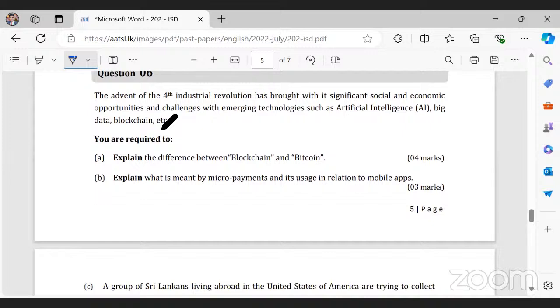Micro payment, and it is used in relation to mobile apps. Now we have discussed that in the lesson on electronic payments. If you have a study pack for that particular section, right?